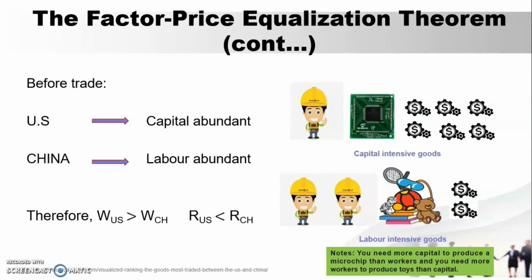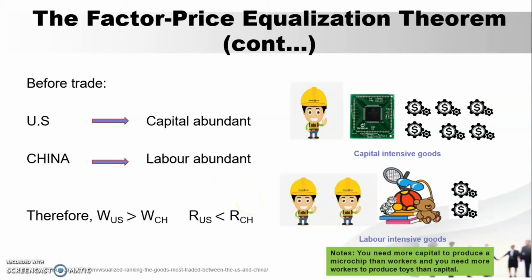And if we go back to the HO theory, obviously the US will export microchips, which are their capital-intensive goods, to China, and they will import toys, which are labor-intensive goods. Similarly, China will export their toys to the United States and import microchips for their processing and manufacturing industry.